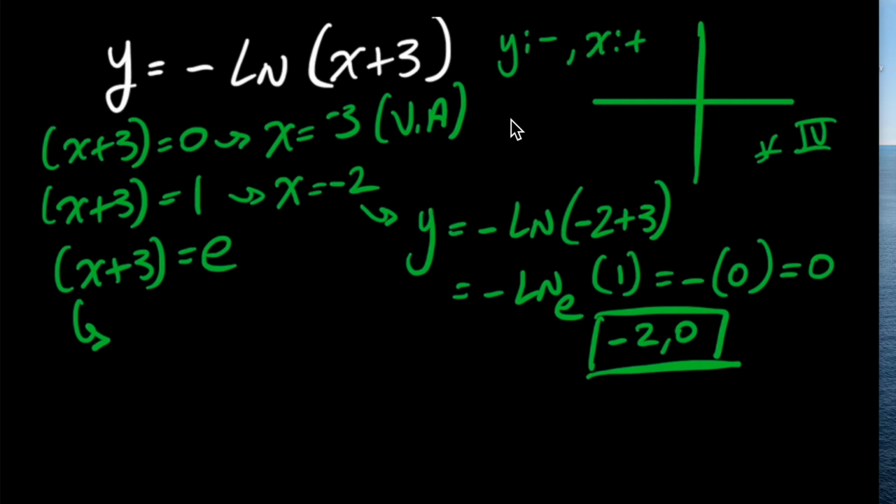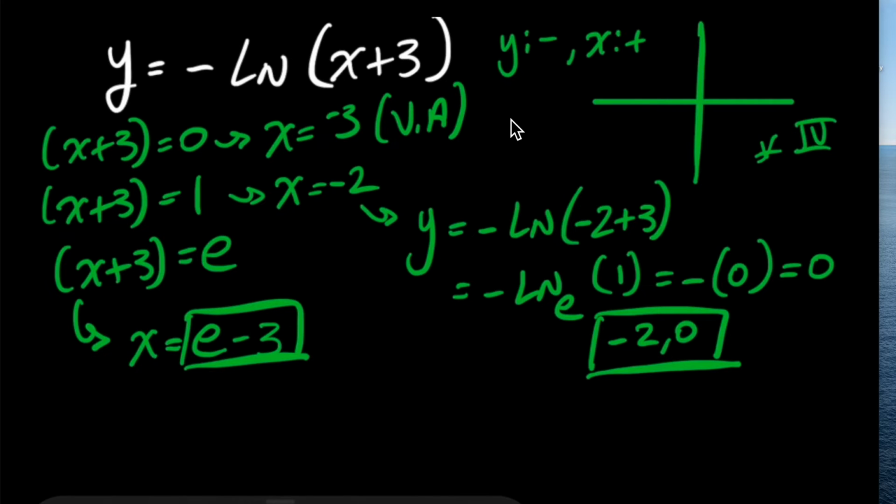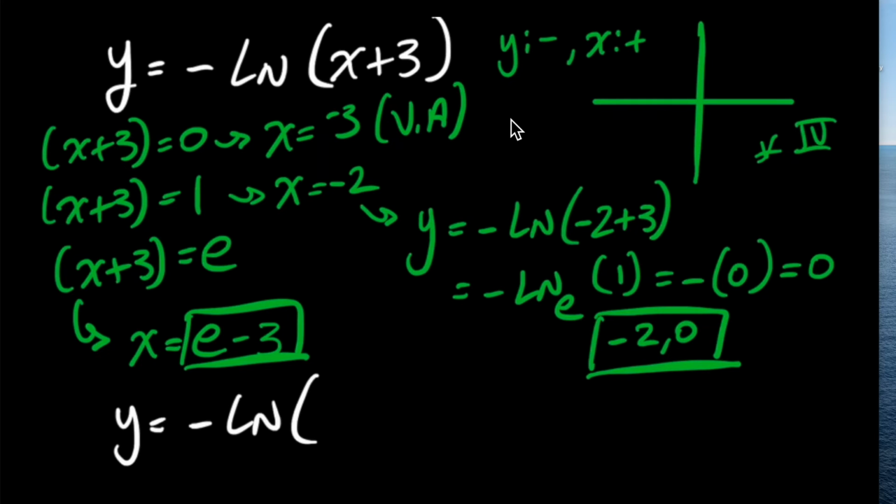Here, when we solve for x, we're going to get x equals e minus 3. We're going to plug e minus 3 into our original equation. We're going to get y equals negative natural log of (e - 3 + 3).